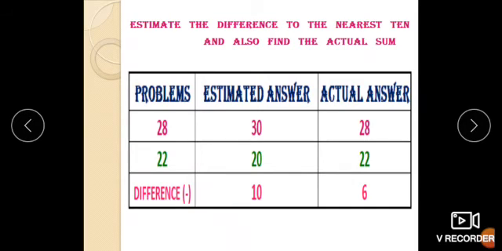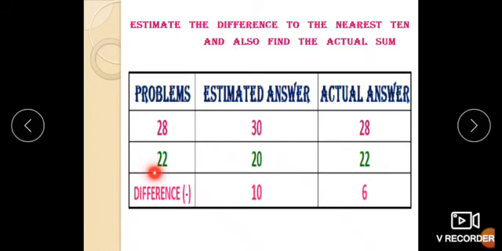First we find the estimated values. 8 is greater than 5, so we use round up, which increases the value. So the estimated value of 28 is 30.